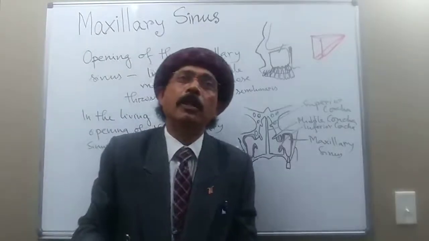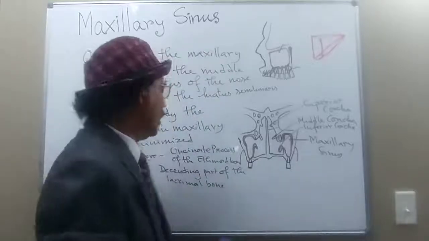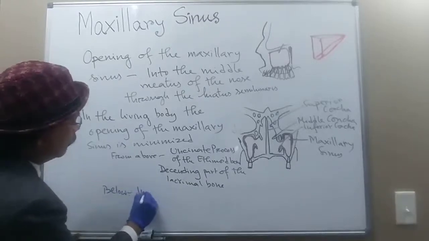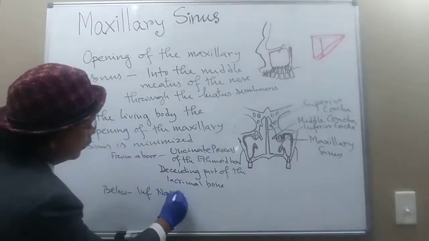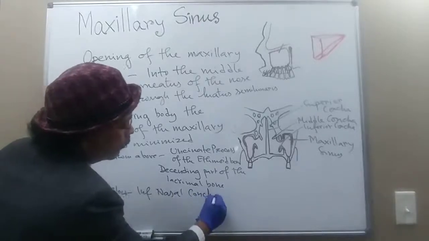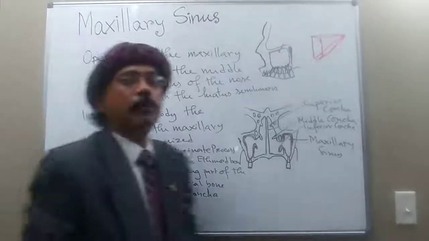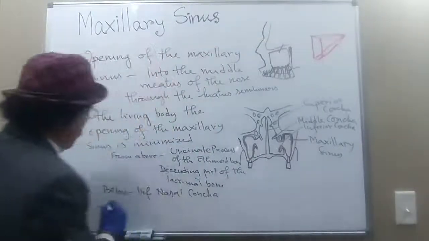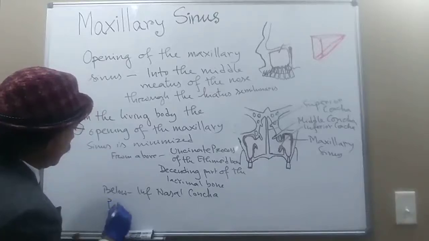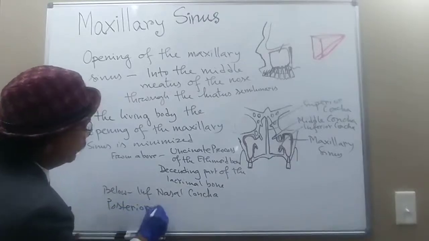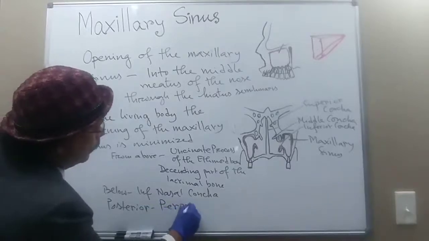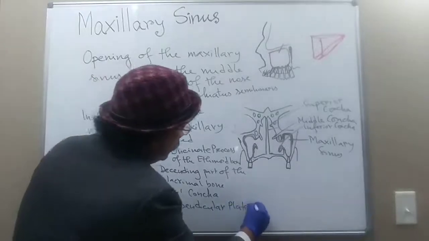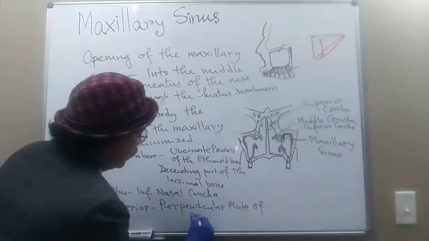From below we'll get the inferior nasal concha. We know that the inferior nasal concha is a separate bone. From posterior we'll get the perpendicular plate of the palatine bone.